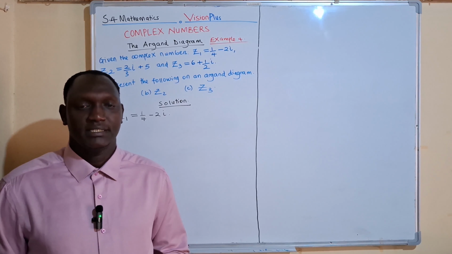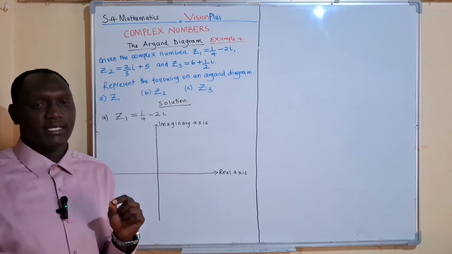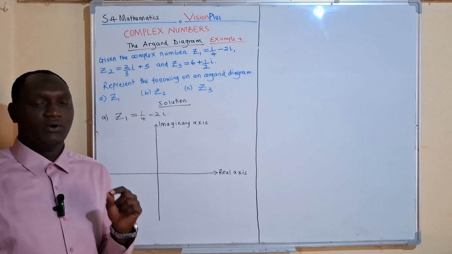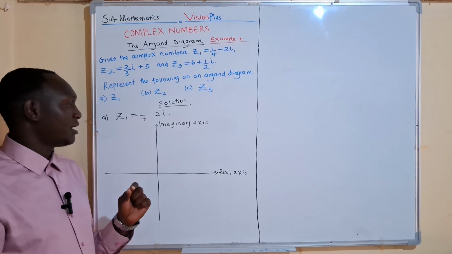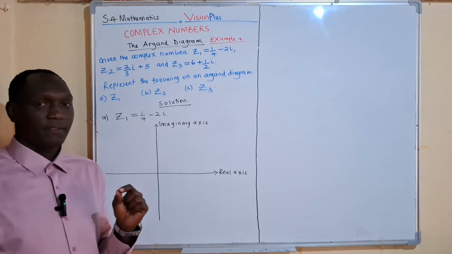Now this is the complex plane, and then you come back and look at the numbers that you are supposed to represent. We have here the real part, which is 1/4, and the imaginary part, which is negative 2. Now if you look at this here, we have a fraction. The simplest way that you can represent a complex number on the Argand diagram when they are fractions is, you just need to locate that number alone.